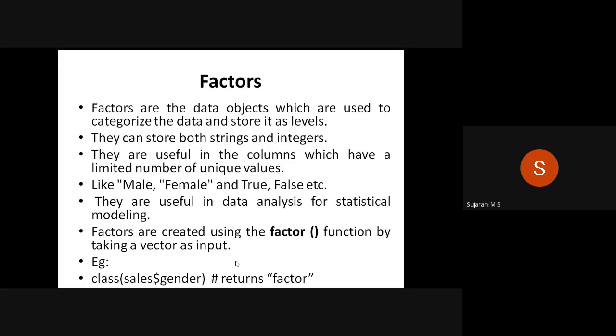It is specially used for some unique types of data, for example male, female, true or false like data can be explained with the help of the factor data type. In the case of our sales data, the factor type data is gender. That is shown here. We can check whether gender is a factor or not using the function class of sales$gender. It retrieves that it is a factor. Gender is a factor field.